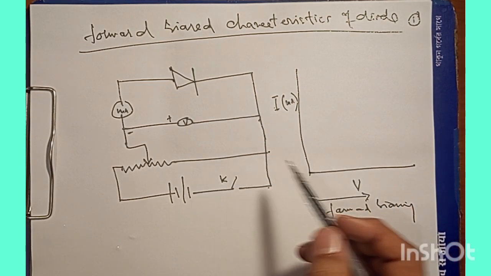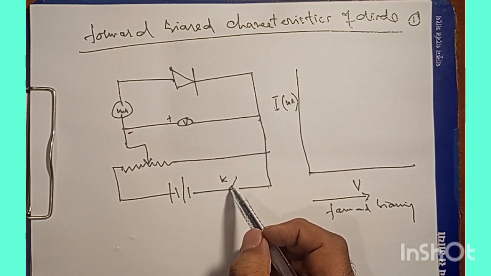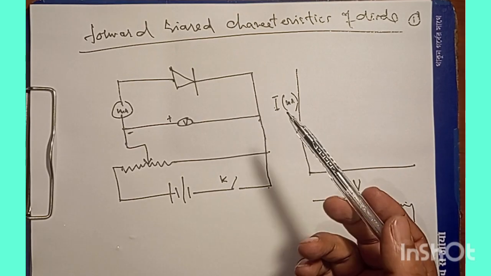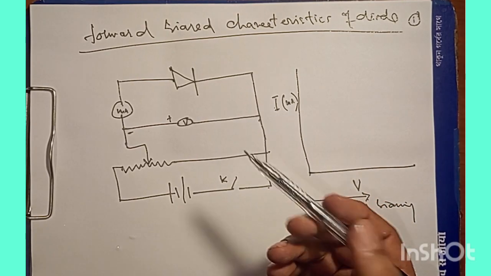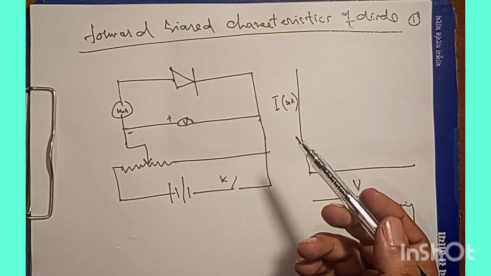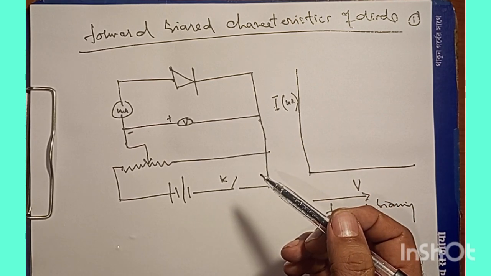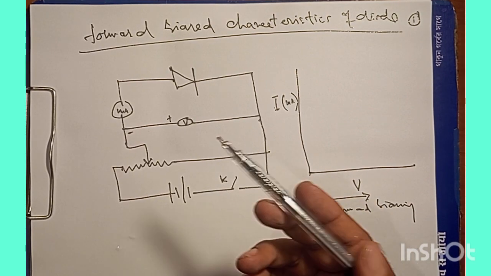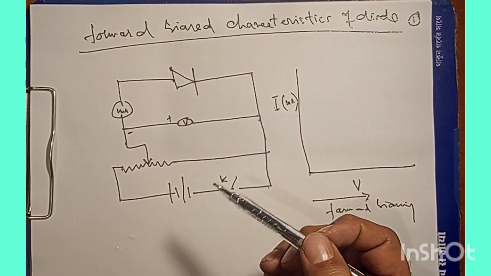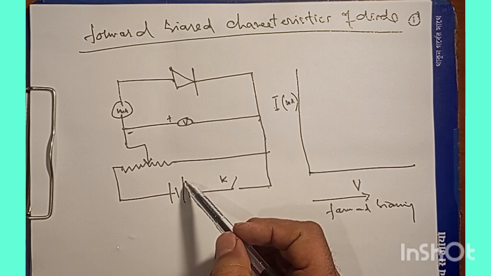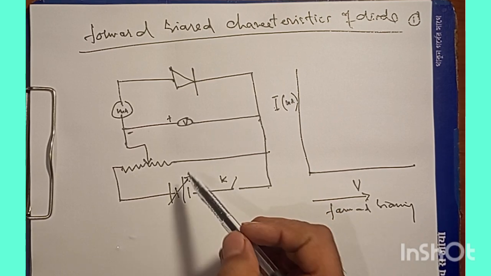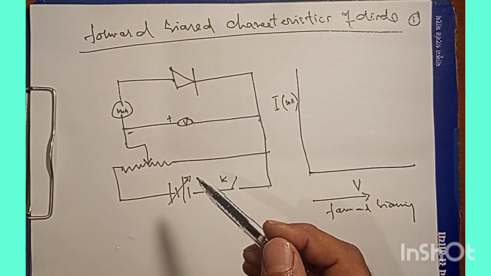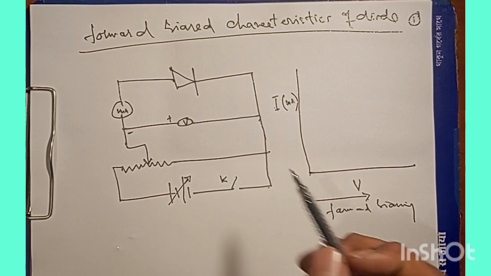Now when the voltage V is 0, what's going to happen? That means this K is not closed. The diode does not conduct due to the junction barrier, and the diode current is 0. Now, as this voltage increases, the barrier potential starts decreasing, and a small current begins.